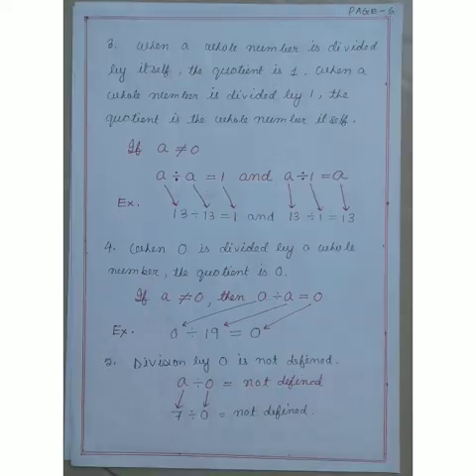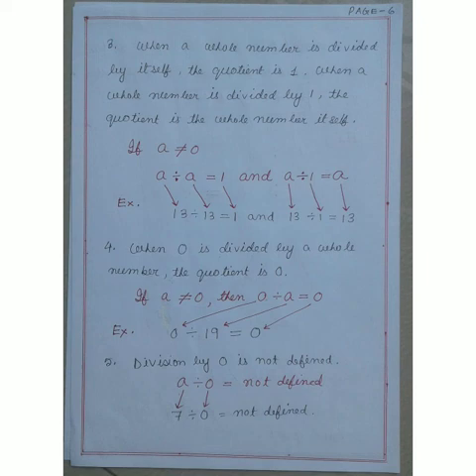Property number 3, when a whole number is divided by itself, the quotient is 1. When a whole number is divided by 1, the quotient is the whole number itself. If A is not equal to 0, A divided by A is 1 and A divided by 1 is A. Example, 13 divided by 13 will give you 1 and 13 divided by 1 will give you 13.